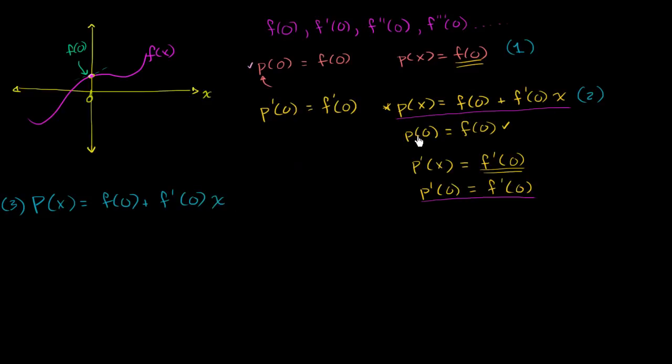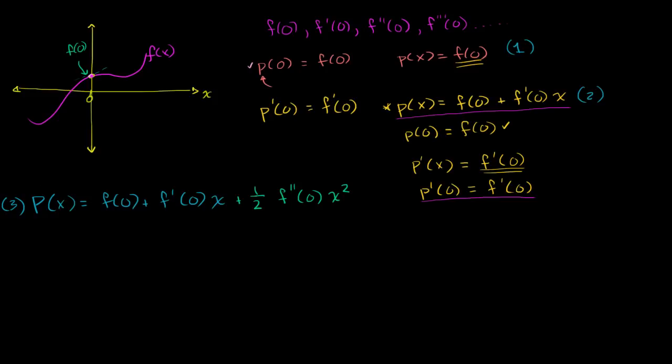So exactly what we did here. But now let me add another term. I'll do the other term in a new color. Plus, and I'm going to put a 1/2 out here, and hopefully it might make sense why I'm about to do this, plus 1/2 times the second derivative of our function evaluated at 0, x squared.